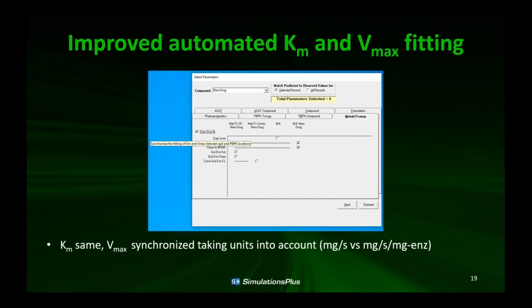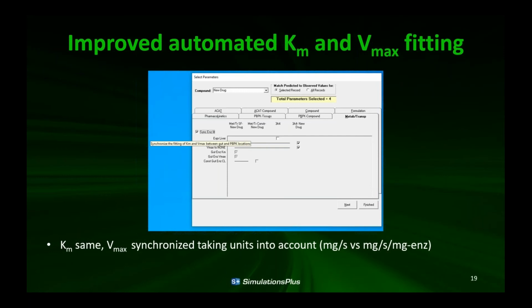If they are the same enzyme, like in this example 3A4, then the 3A4 enzyme activity in the PBPK model location and also in the GAT location, after the optimization, the Km will be the same and the Vmax will be synchronized, taking unit into account.